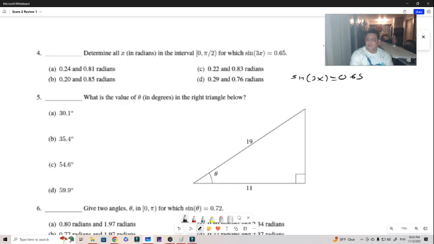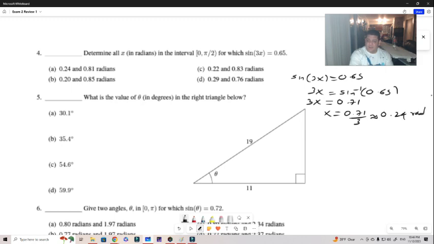We have that 3x is sine to the minus 1 of 0.65. So with my calculator, I'm gonna get that 3x is actually 0.71. That's what my calculator is giving me. And so x is gonna be 0.71 divided by 3, which is approximately 0.24. And remember that this is in radians.